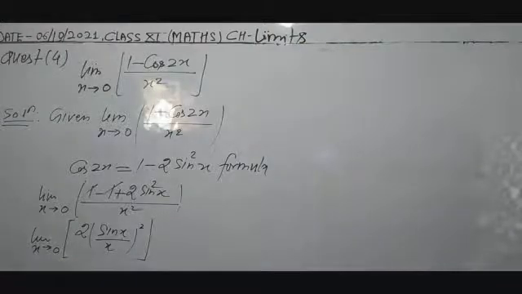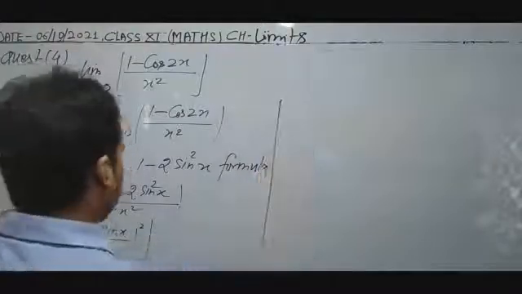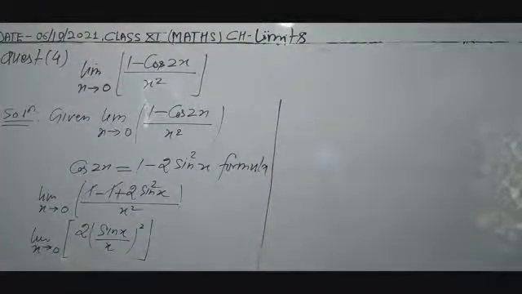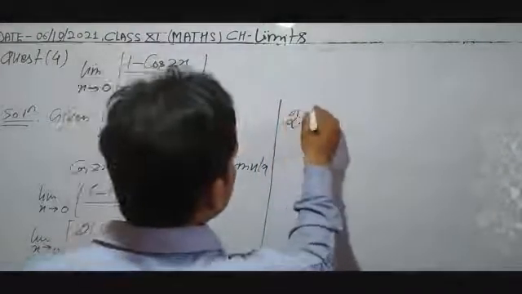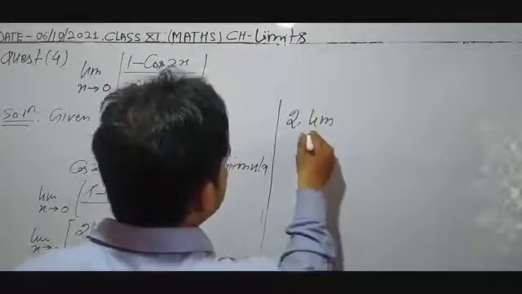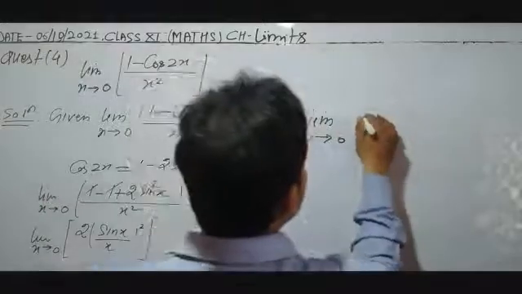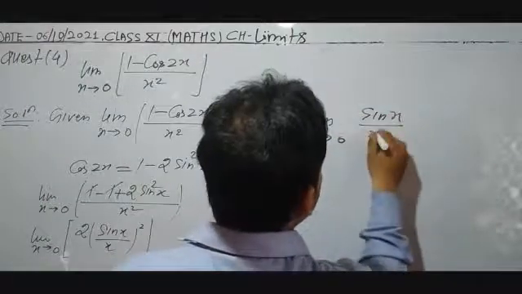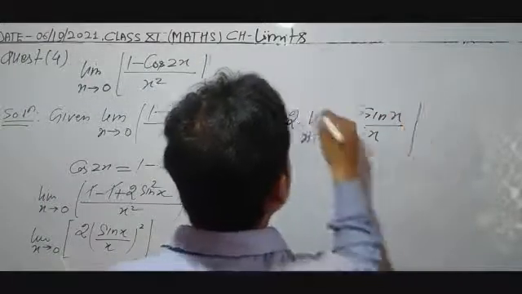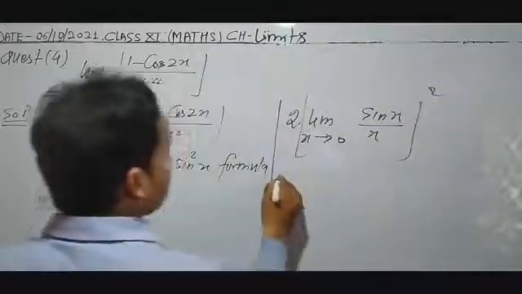Now see, next step, 2 times limit x tends to 0, sin x upon x whole square.